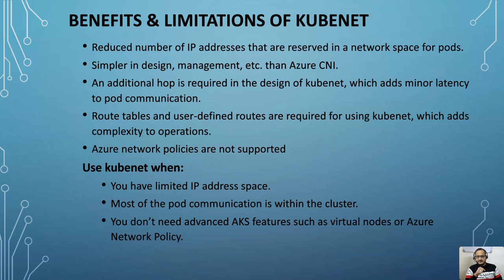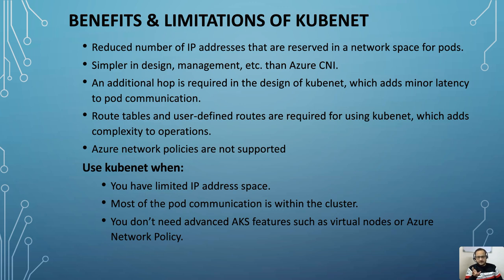Route tables and user defined routes are required for using Kubenet, which adds complexity to operation. Azure network policies are not supported. If you are using Kubenet, then you cannot use Azure network policies. You should use Kubenet when you have limited IP address space, and most of the pod communication is within the cluster.